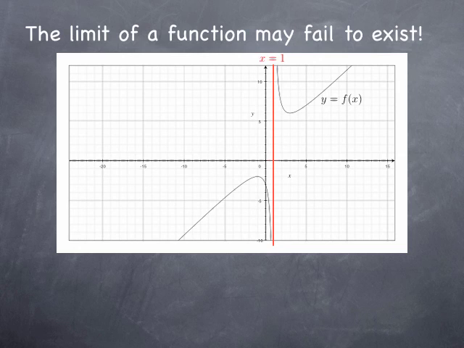In particular, if I take any interval centered at 1, no matter how small it is, the corresponding part of the graph will never be mapped completely to an interval centered at a specific value. In other words, the limit of the function at 1 does not exist.